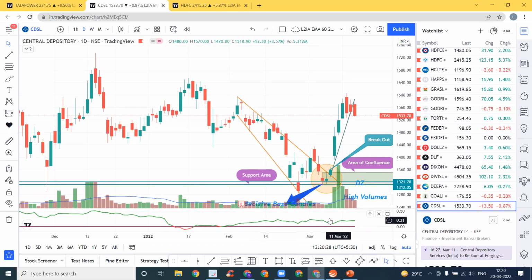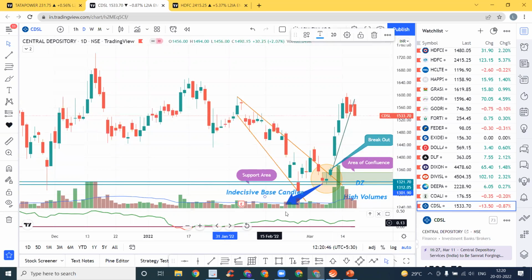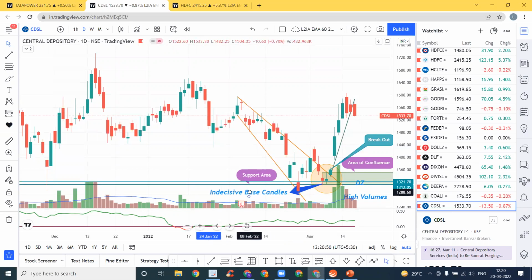Support area is here. The stock is taking a support at this level. There is a demand zone over here. So the support area traders are there. The demand zone area traders are there. The candlestick pattern is telling me indecisive candles. The candles are indecisive.